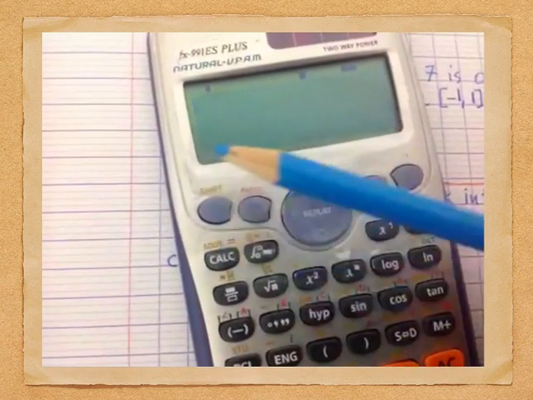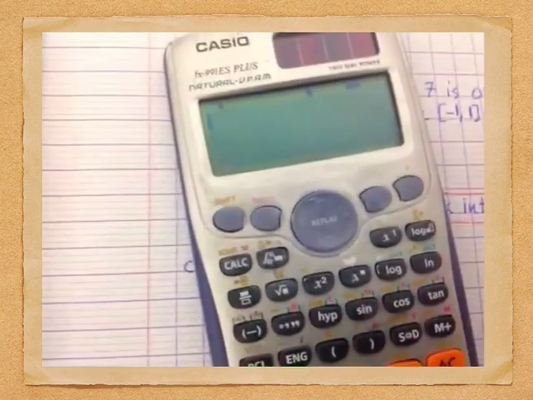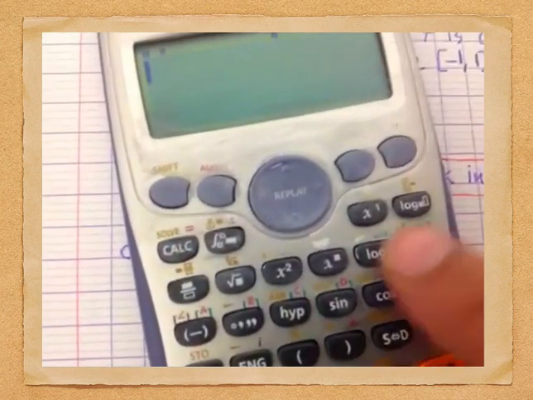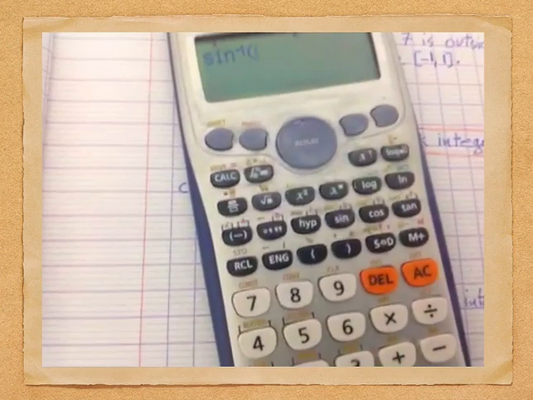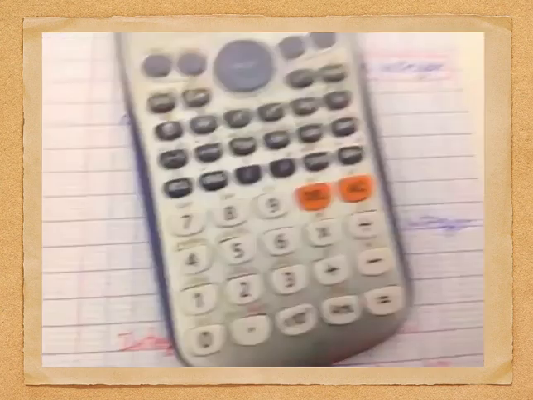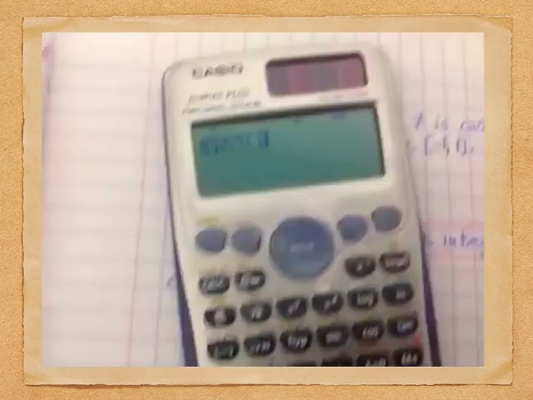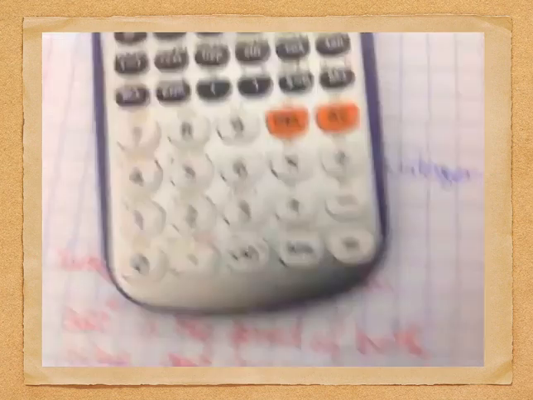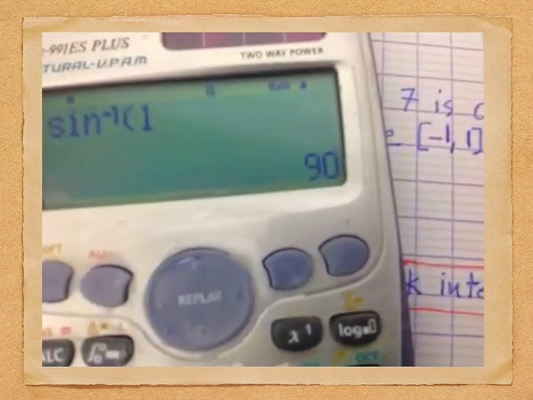You press shift and then you press sine. So you get your sine inverse on the display. Then press your number, which is 1. You get sine inverse of 1. Then press equals, and you get your angle, 90.